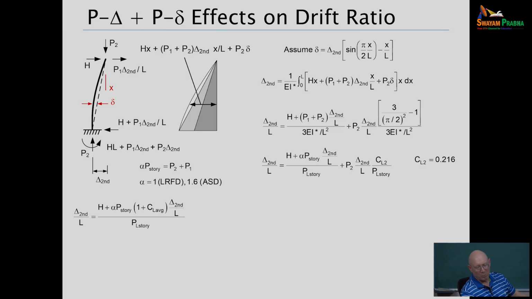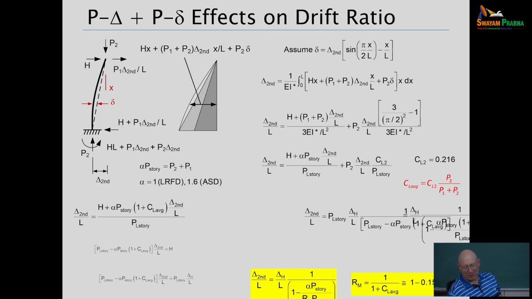So we're going to convert the equation that we were just looking at to the form you see now in the lower left, where we're going to have an alpha P story times a 1 plus an average of the CL terms over all the columns in the story, and then times delta second over L. And so what would be the CL average in this particular case? It would be CL2 times P2 over P1 plus P2. You could say that's a weighted average, actually.